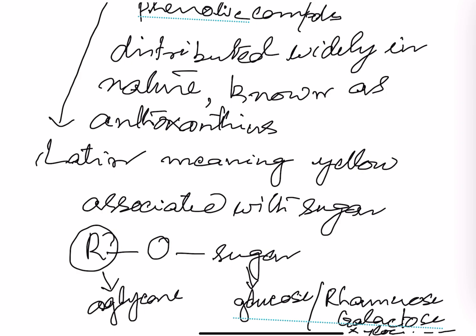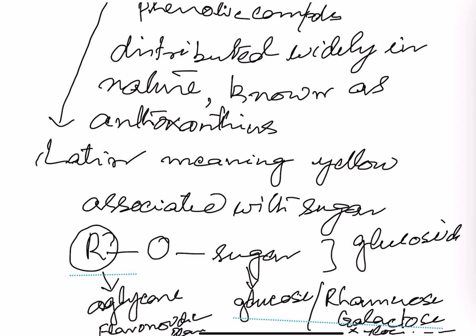And your R is your aglycon. It can be anything: a flavonoid, a terpenoid. Since we are dealing with the flavonoid, your aglycon is the flavonoidic part. It is called a glycoside when associated with the sugar.